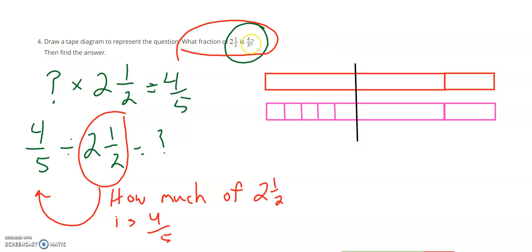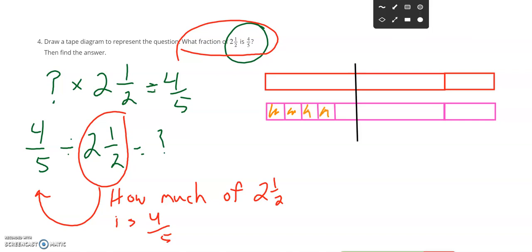What fraction of 2.5 is 4/5? So our 4/5 is here. 1, 2, 3, 4.